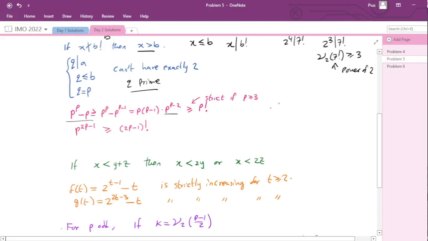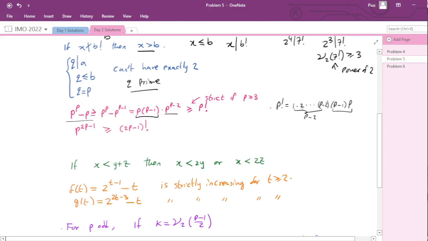Why is that? So remember, p factorial starts from 1, 2. At some point we're going to get p minus 2, p minus 1, and p. So from this we see that we already accounted for p and p minus 1, and we have p minus 2 numbers left.